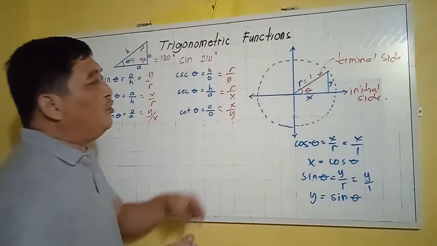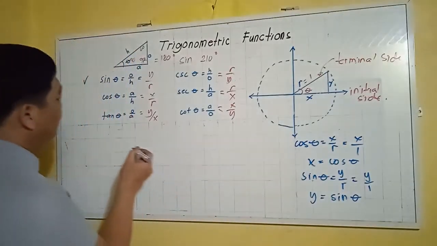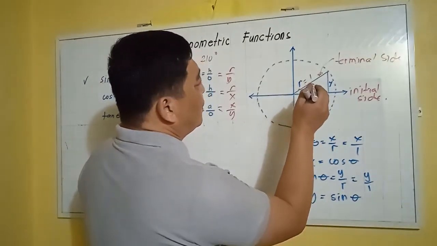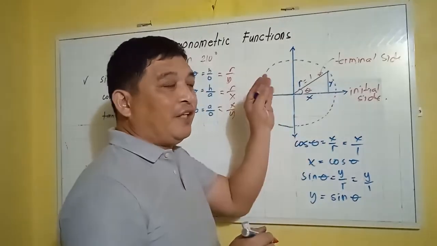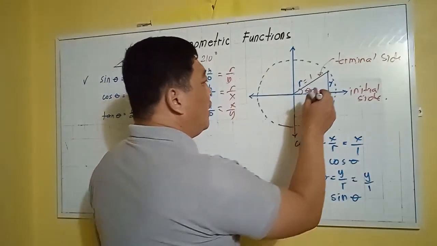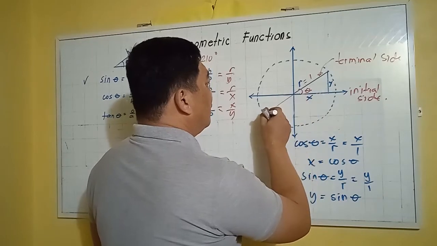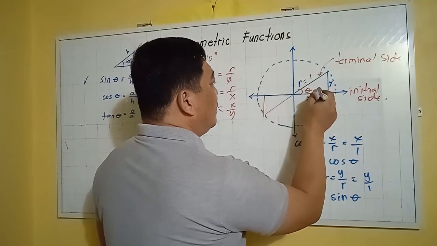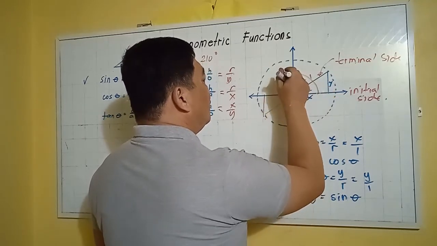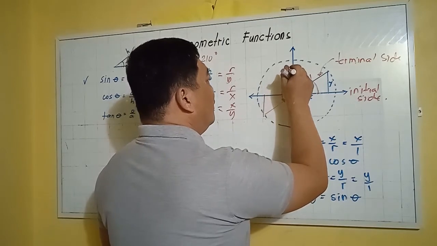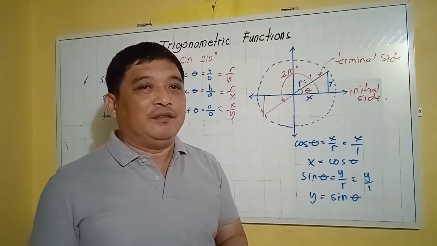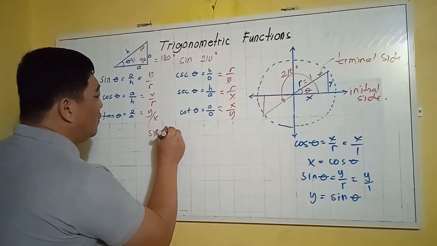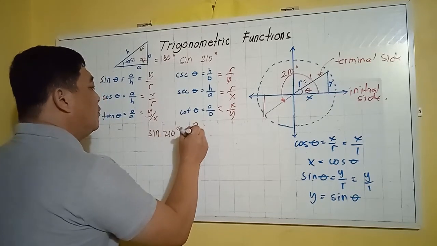Now going back to this unit circle, say I have an angle 210 degrees. What will happen if I have 210 degrees? Since we are going to move the angle of measure counterclockwise, say this angle measure is equals to 210 degrees. So if I'm going to look for sine 210 degrees, what will be its value?